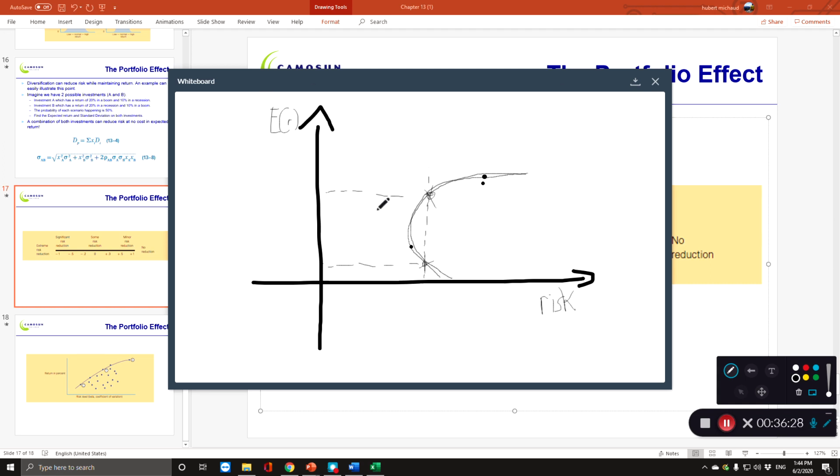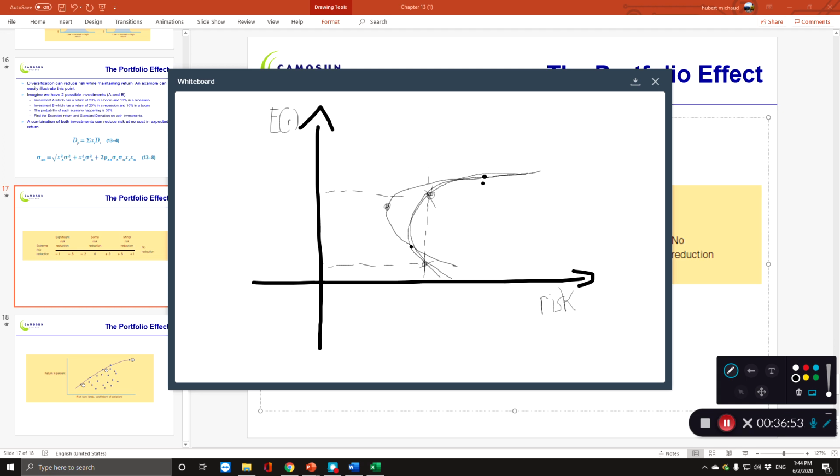The second thing you should understand is that by having diversification, by having this go out like this, we're able to get higher return and lower risk. We can get higher return at the same risk, or we can remove risk for a higher or similar rate of return, and that should be good. That should be something that we're looking for.